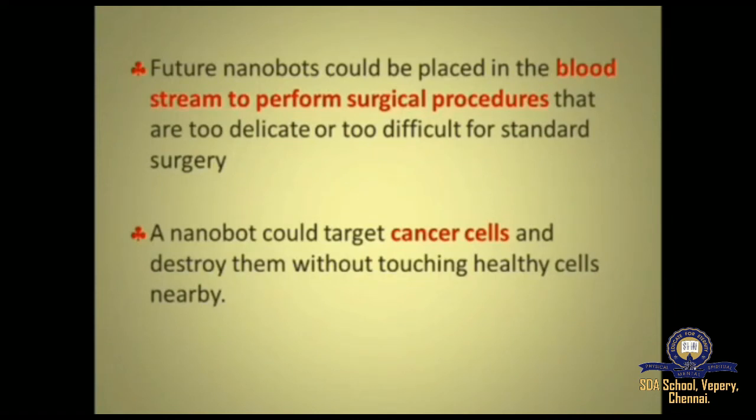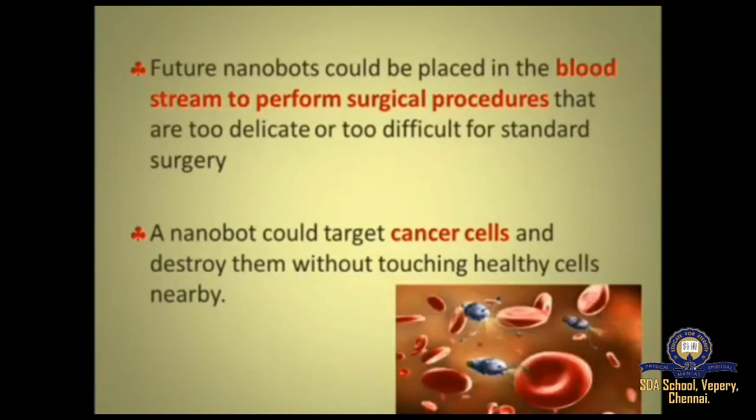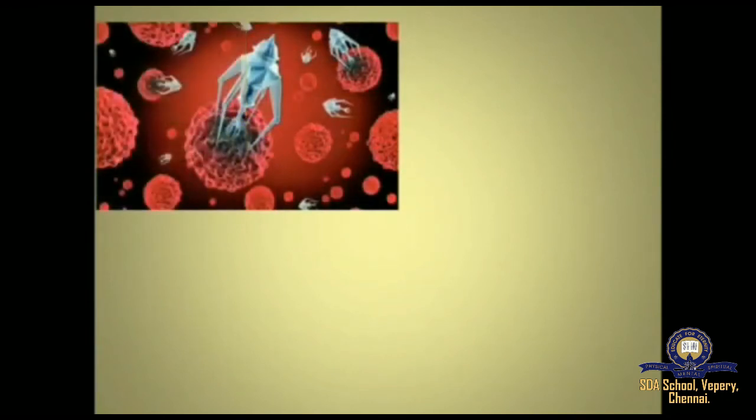So what is the purpose of nano robots? It is to be placed in the bloodstream to perform surgical procedures, and it can even target cancer cells and destroy them without touching the healthy cells in our body. This is a picture of a nano robot in our bloodstream. A few more pictures of nano robots.